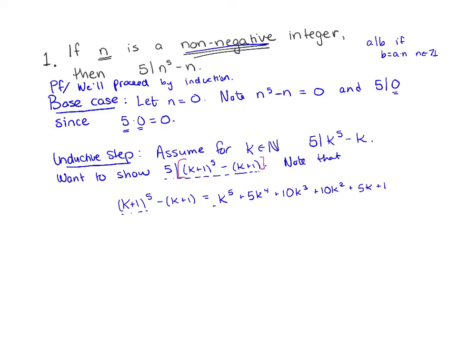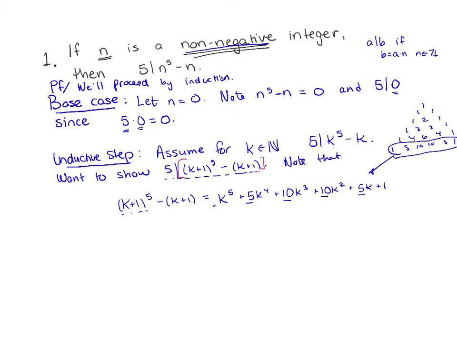I'm getting these coefficients from Pascal's triangle. So I went to that fifth row of Pascal's triangle, and that gave me the coefficients for my binomial expansion.